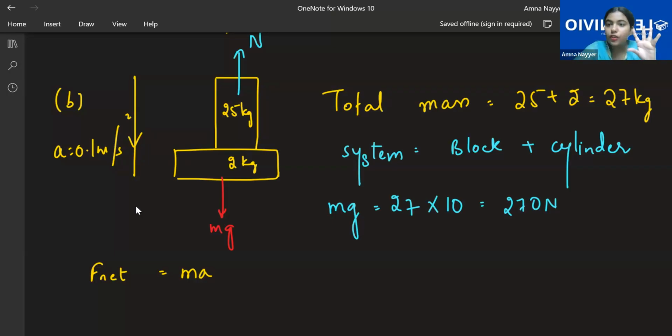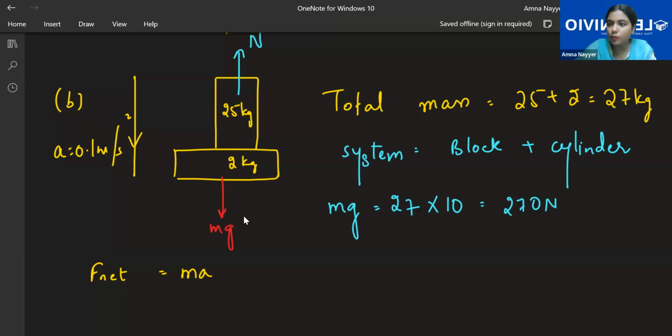We look at the direction of acceleration. If acceleration is directed downwards, our downward forces will be positive. If acceleration is directed upwards, all the upward forces will be positive. The system is moving downwards, which means obviously mg was the greater one.